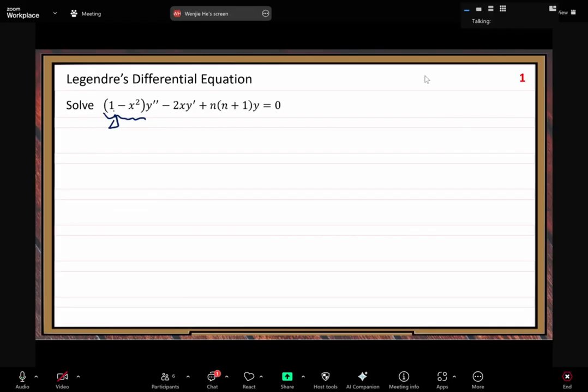All right, so here, recall the Euler-Cauchy equation.